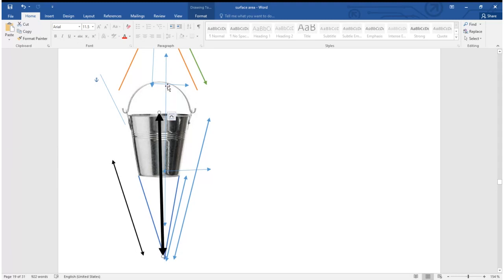This distance here, you can see I'm adding here, is going to be the height of the small cone. It is a small h, the height of the small cone.